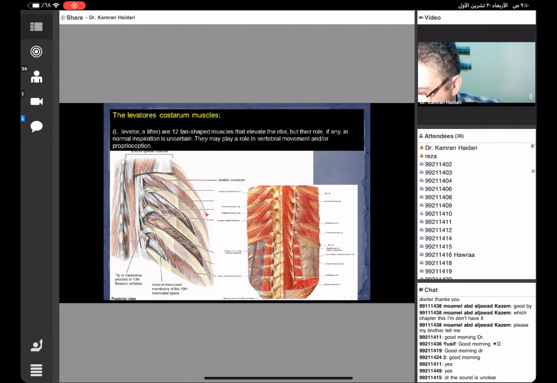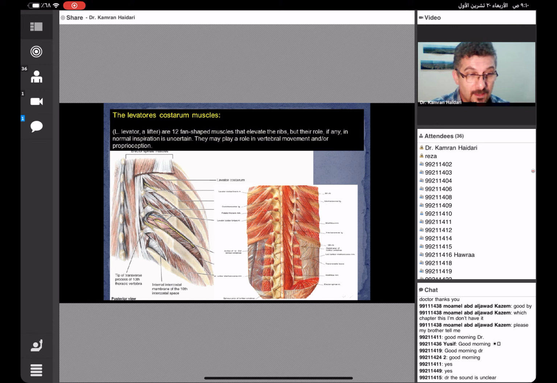Another thing I would like to show you is the levator costarum. In this picture you can see the levator costarum brevis, or short levator costarum, and the long levator costarum. The long one arises from the transverse process; one slip attaches to the next rib, and another attaches to the second rib.